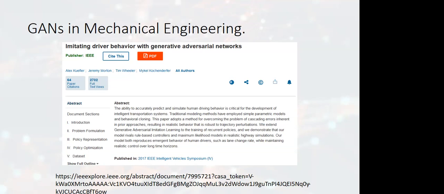In this paper, they use GANs for imitating driver behavior for developing self-driving cars. It has, I think, around 200 citations, and it was developed by one of the grad students under this professor, who works a lot on using GANs for self-driving research.